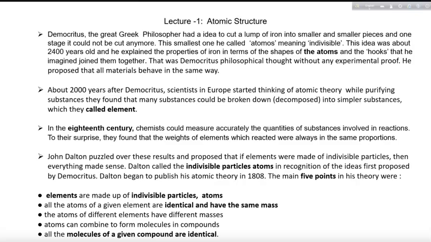is about the atomic structure. But to start with atomic structure, we have to say a few words about the history of development of atomic structure. This slide on the screen has already been discussed in the short video we have uploaded.